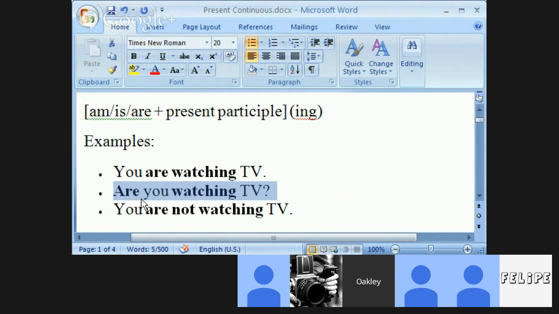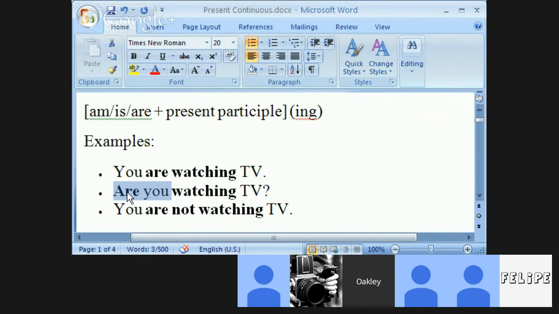In the question form, as in all question forms, we're going to use the first auxiliary or helper verb. These are verbs, here it's the verb to be, that we use in conjunction with our main verb to form a verb tense. So, in the question form, we reverse the first auxiliary and the subject noun.